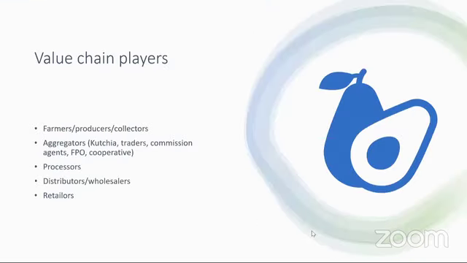Now, I will focus on the role of the intermediary, because as we will be talking about aggregation and grading in this particular session, this is the primary role. Aggregation and grading is the primary role of the aggregator in the value chain. So these are the local traders whom we call kuchias, or slightly larger traders who operate in mandis, traders who also process the produce, and who also act as commission agents.